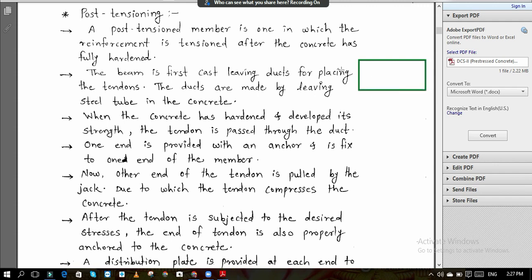While casting this beam, they will insert a steel tube here. So when you pour the concrete, all over the place the concrete will accumulate, except the area of this steel tube.